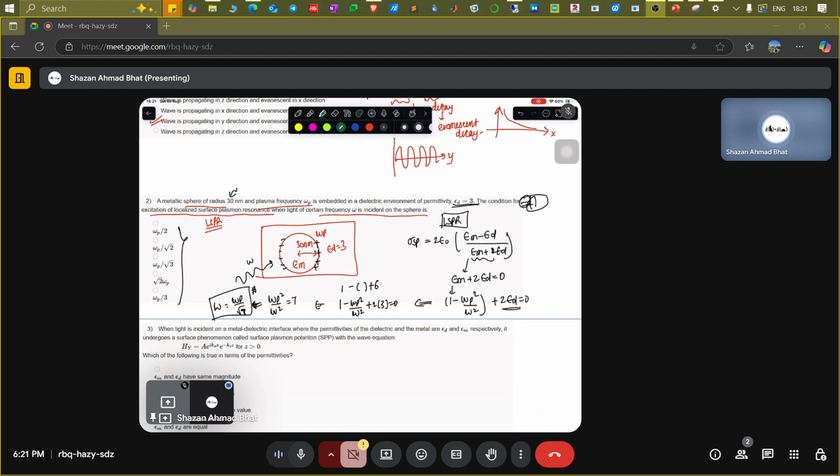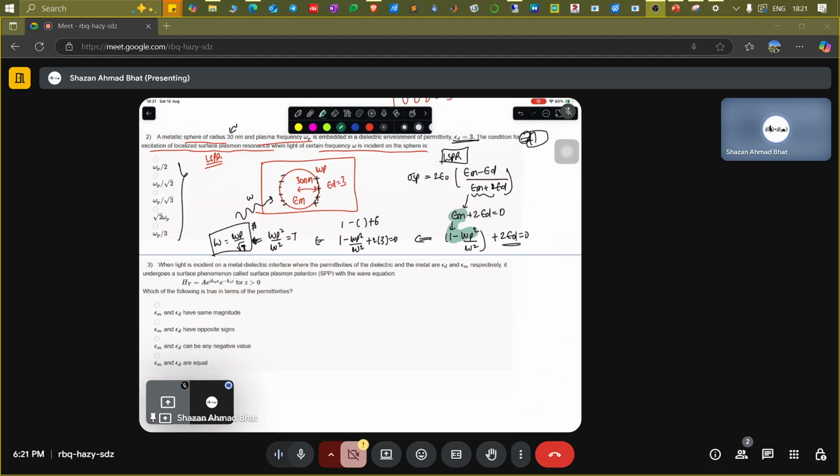You use the epsilon metal from the Drude model, and you put the epsilon d to be 3, and that is as simple as that. Let me just cross-check whether there is any issue with this question, because I can see there are 5 options given. I don't know why. Okay, we'll get back to this question.